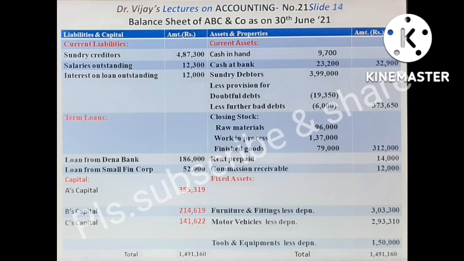Next is fixed assets: furniture and fittings minus depreciation, motor vehicles minus depreciation, tools and equipments minus depreciation. The balance sheet total is 14,91,160 rupees.